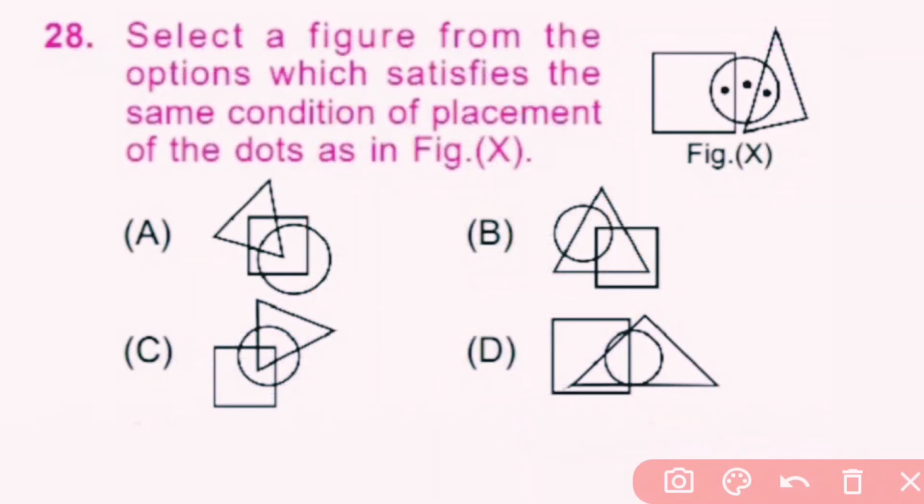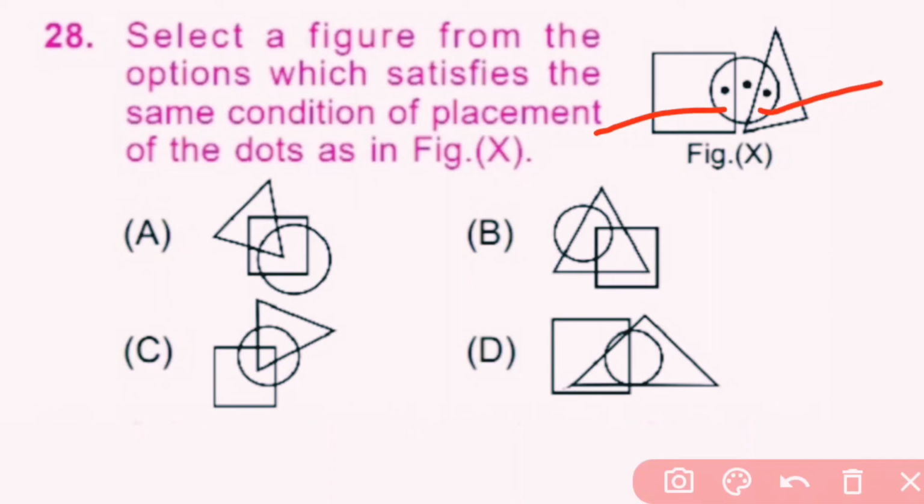Question number 28. Select a figure from the options which satisfies the same condition of placement of dot as in figure X. So this dot is placed in some part of the circle and some part of the square.